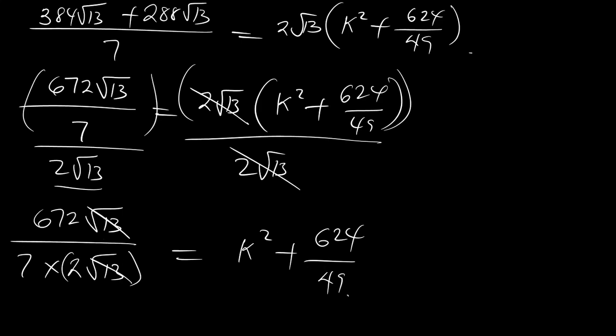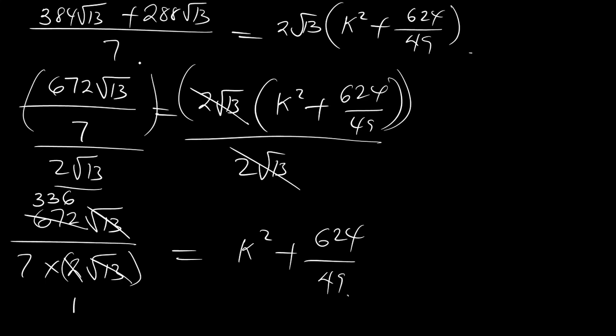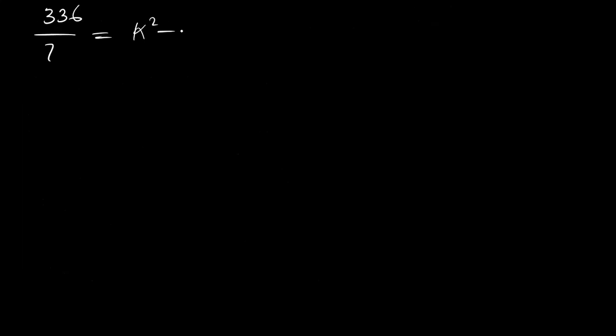Now this will cancel out. 2 cancels itself, 2 cancels here, you have 3, 3, 6. So 336 divided by 7 equals K squared plus 624 all over 49. So let's move this to the other side.